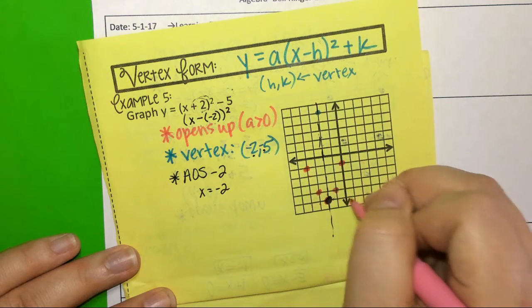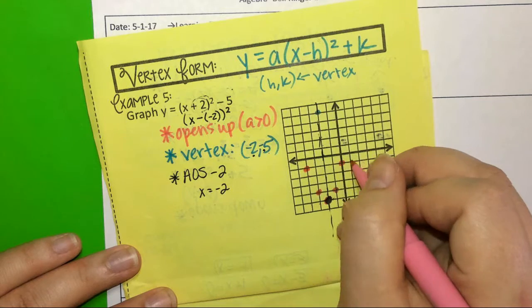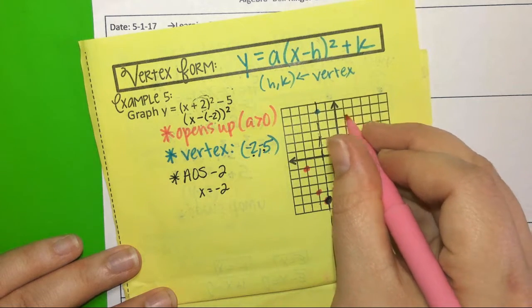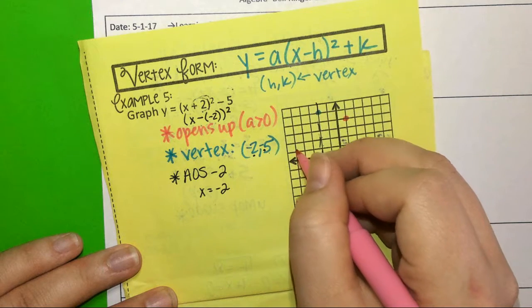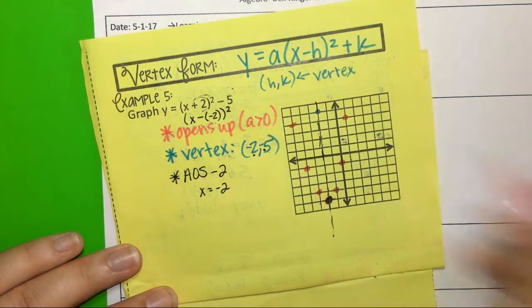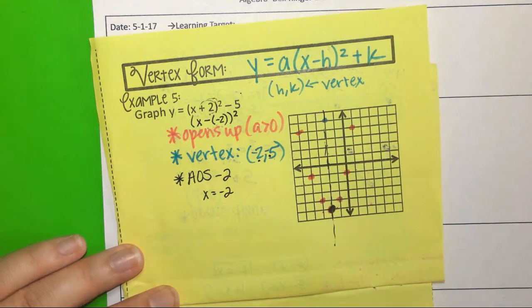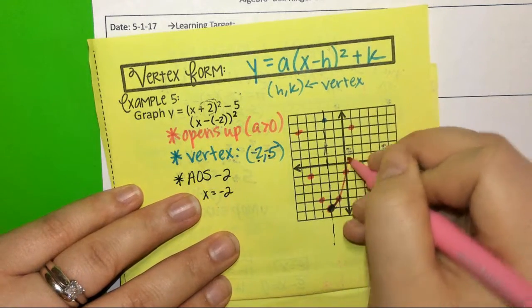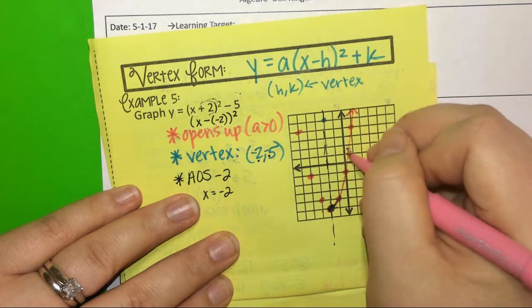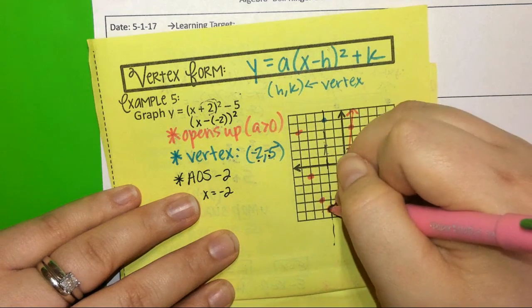Over 3, up 9. And again, it's still symmetric. So once I know that vertex and that axis of symmetry, if my a is 1, that bad boy is really easy to graph.